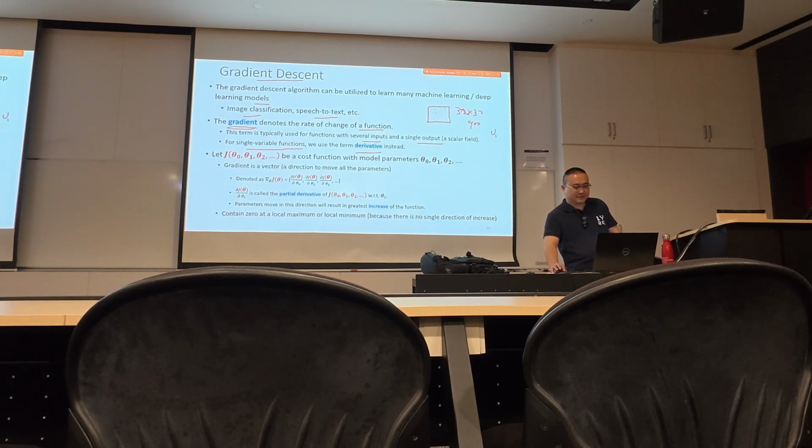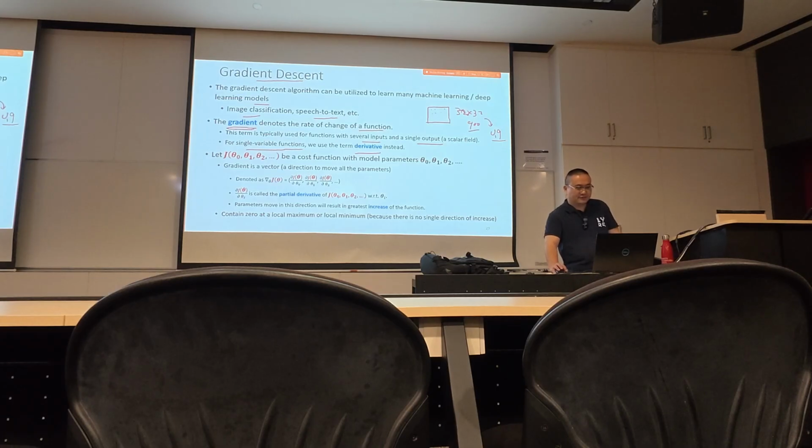If the output is 0.9, it means 90% this is a cat. In this way, you can consider a deep learning model as just a function that transforms 900 inputs into just one scalar output. This fulfills the definition required for the gradient. Therefore, if we want to denote the rate of change of such a function, we denote it as the gradient.